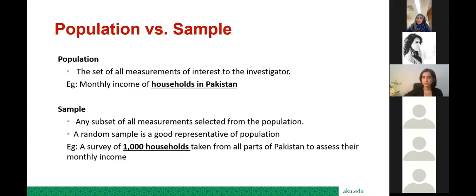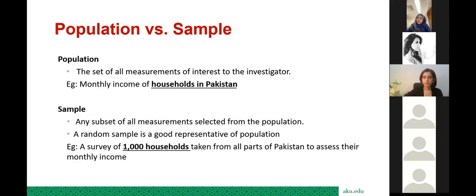When we talk about census, yes, usually we are taking the population data. But in research studies, generally it is not possible, for different reasons. It can be the cost, it can be the time. So you need measurements from the selected population that you want to extrapolate your results to.